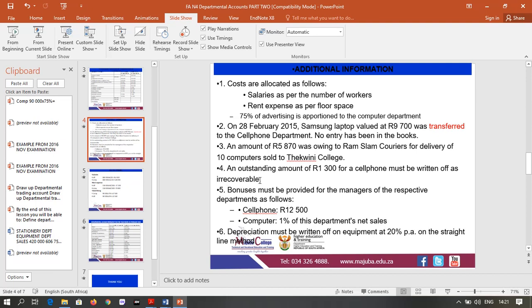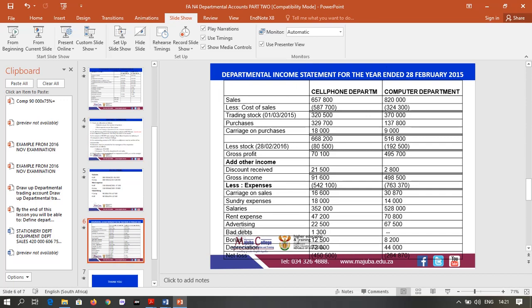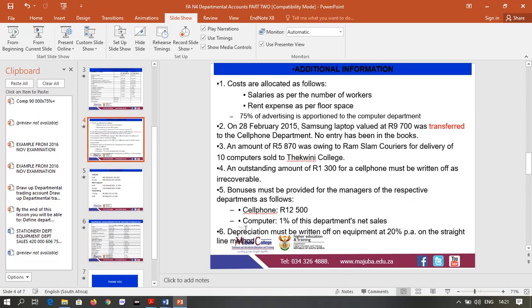Then you go again to your notes to check whether everything is done. You find that the next one talks about the bonuses. The bonuses are as follows. For cell phone it is 12,500. That one is simple: bonus is 12,500. Then for computer, they say you need to calculate it. Bonus is 1% of this department's net sales.